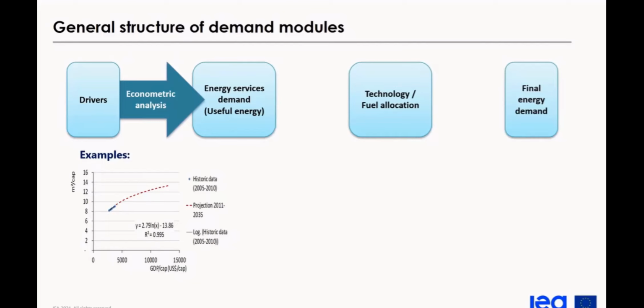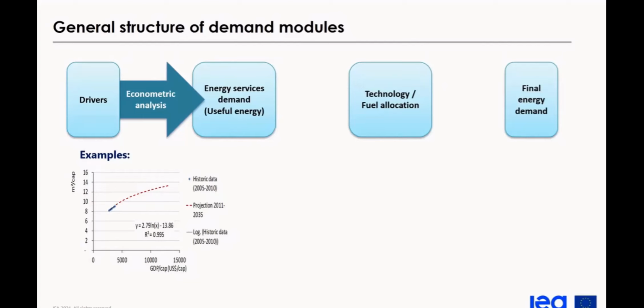And here, again, based on econometric analysis, we can try to project how the square meter per capita will evolve in a certain country, maybe as a function of the GDP per capita, and assuming that we know how the GDP per capita is projected to evolve based on projections from socioeconomic analysis, we can estimate how the square meter per capita will evolve.